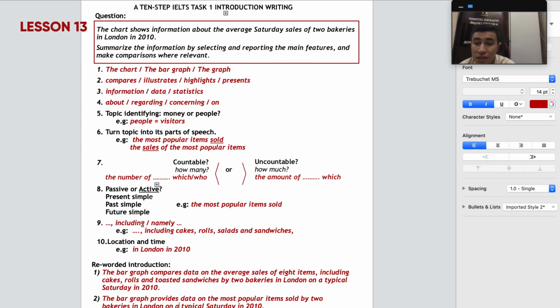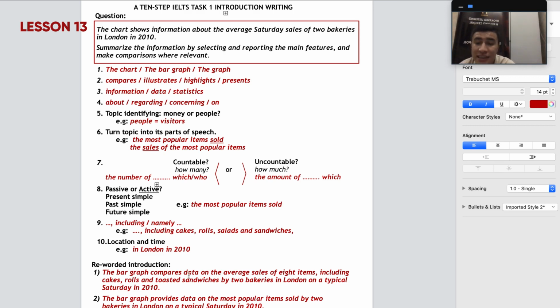Then you will use including or namely, and you will have to name some of the items here, including cakes, rolls, salads, and sandwiches. And then location and time, in London in 2010. Okay, let's look at these reworded introductions here.